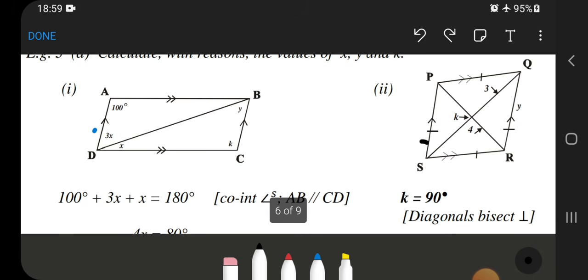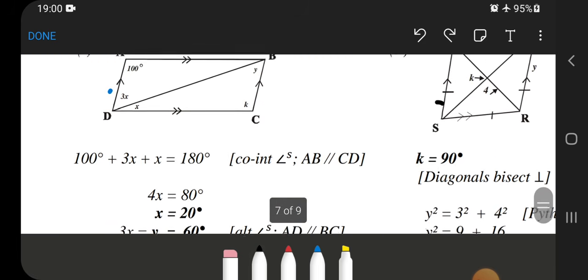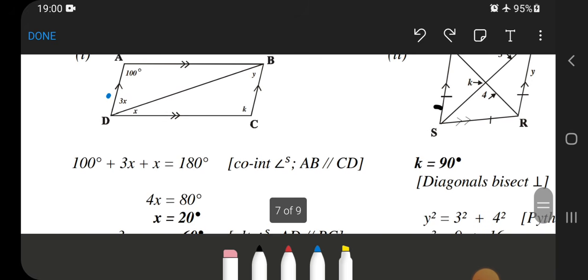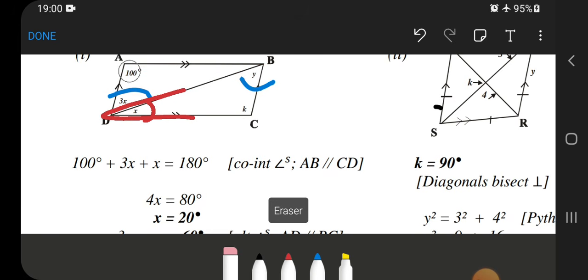Yeah, so let's continue. And then 3x equals y, okay, because this angle equals this angle, right? Meaning this one equals this one, okay? That is what you should know.